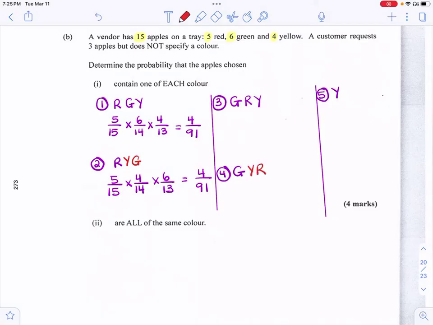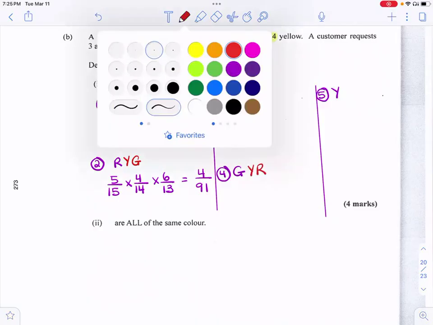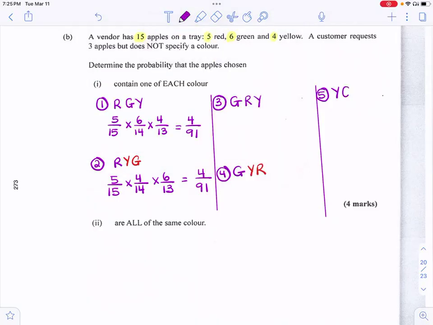And my last option, if I choose yellow first, I could have green and then red, or I could switch it around and get red and then green. So work out the probabilities for me.